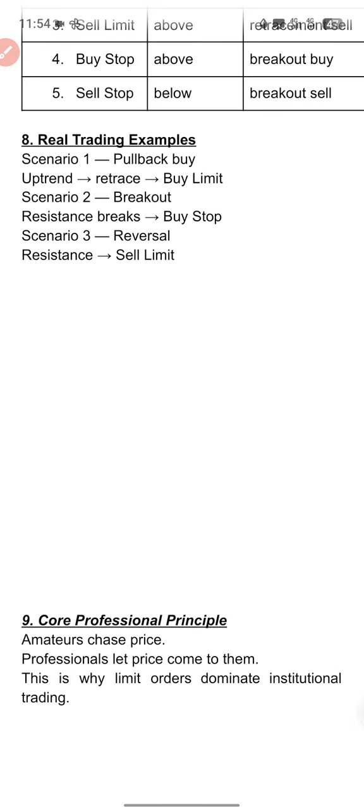Now the core professional principles. This is what separates real traders from beginner traders. Professionals let price come to them. This is why limit orders dominate institutional trading, but amateurs chase price.